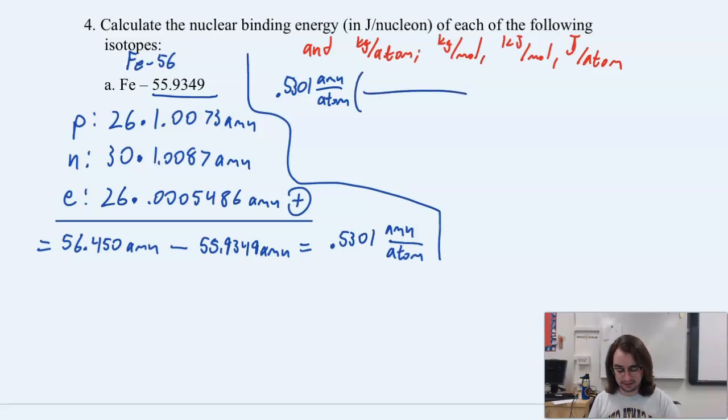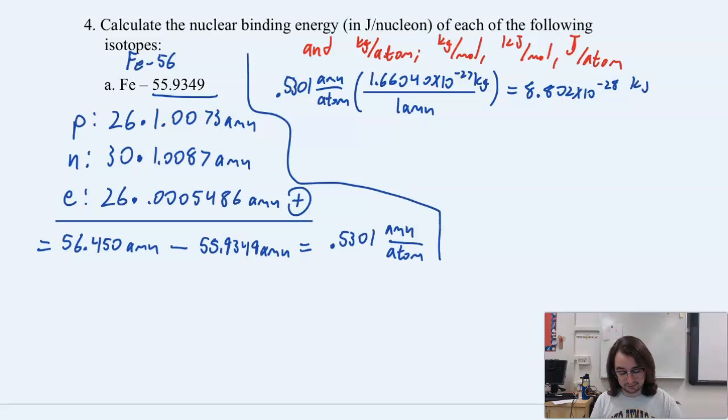So I'm going to convert it out of AMU using that number that we learned before, 1.66040 times 10 to the negative 27th. If I punch this into my calculator, I should find that I get 8.802 times 10 to the negative 28 kilograms per atom.